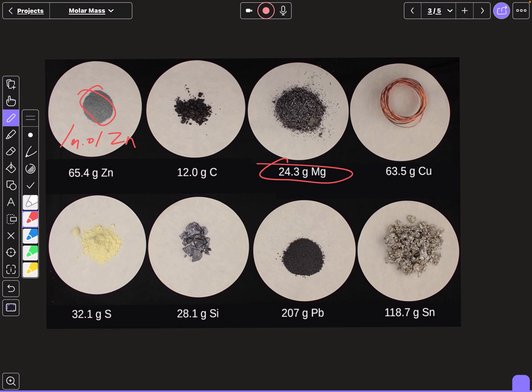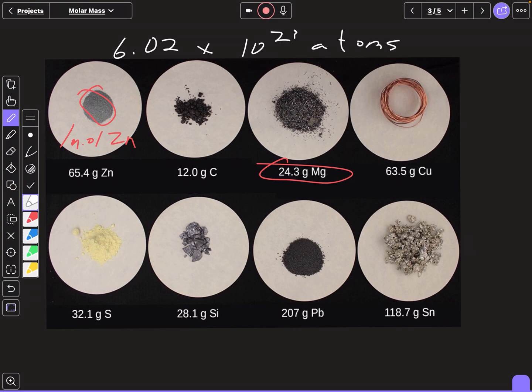So if you see, each one of these samples here has different amounts to them, but they all equal 1 mole of that substance, because 1 mole is equal to the atomic mass or the molar mass of the element or compound. But every one of these examples would have the same number of atoms, 6.02 times 10 to the 23rd atoms.